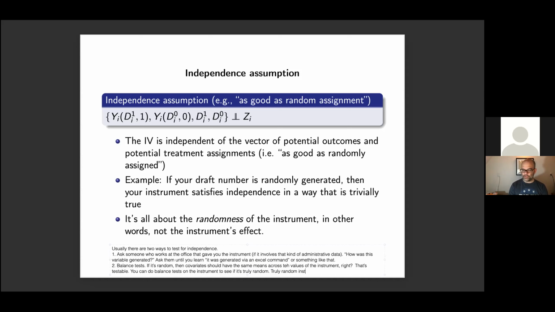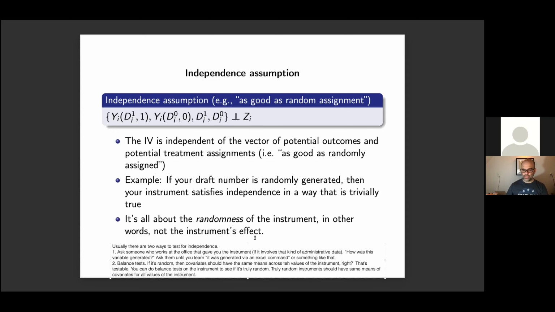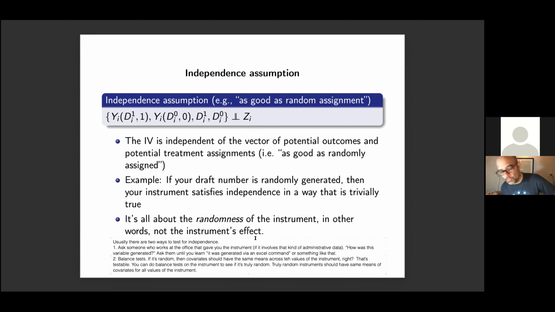Truly random instruments should have the same means of covariates for all values of the instrument. For a binary instrument, that's pretty straightforward. For a continuous instrument, you will need to explore alternative ways to do balance.